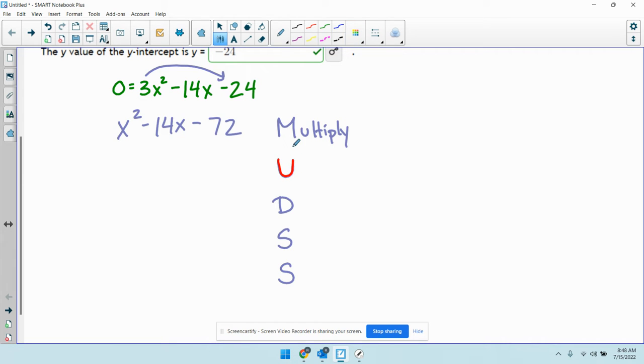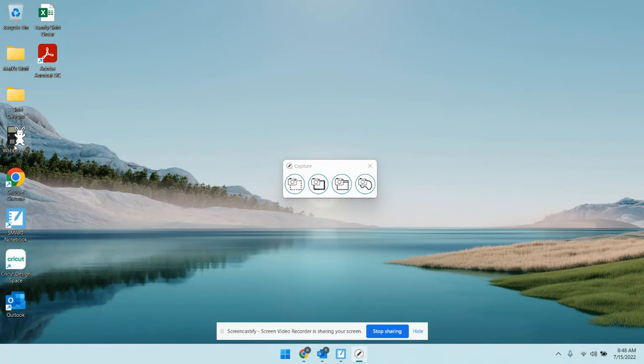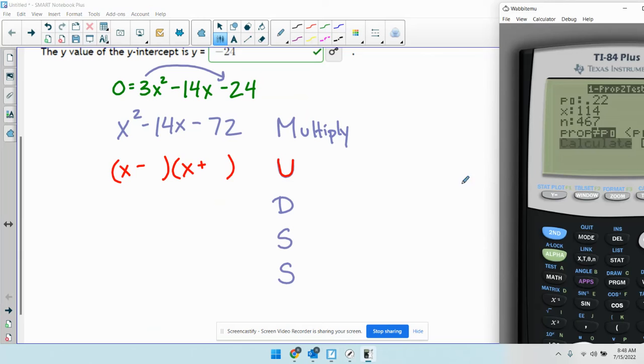Now, if this is factorable, I should have a quadratic that is factorable. So then we say, all right, two numbers that multiply to negative 72 and add up to negative 14. So let's see, let me get my calculator out. Let's start listing some factors of 72.